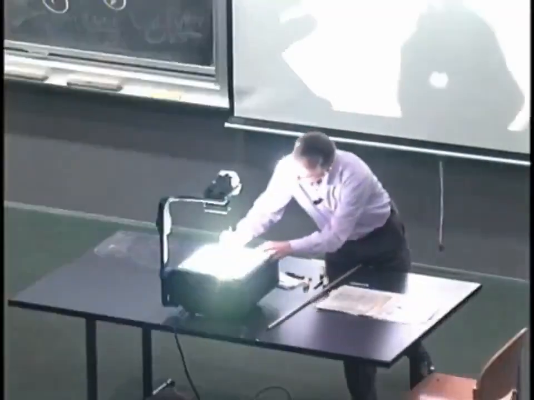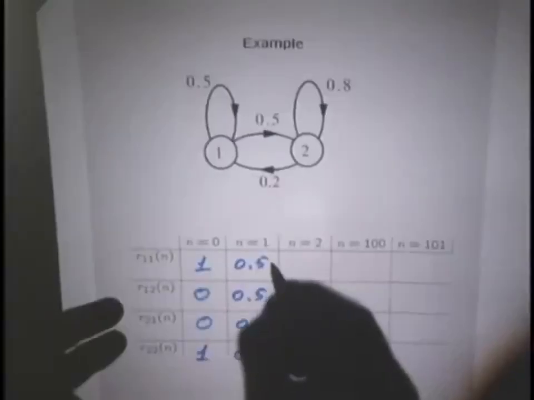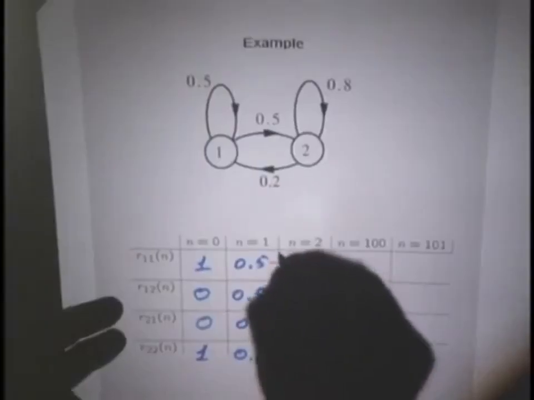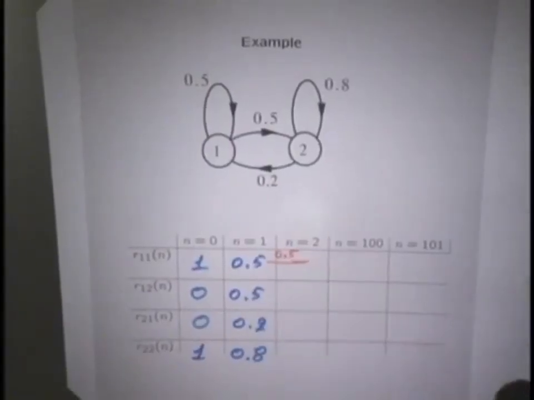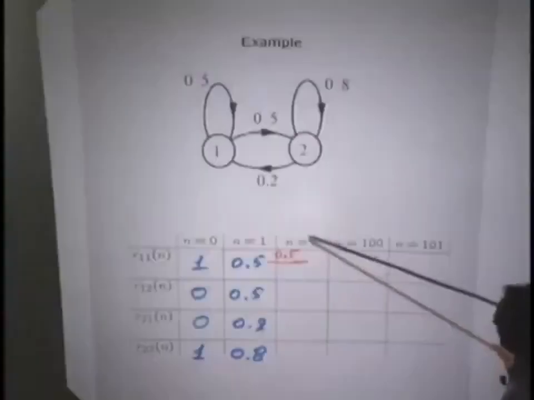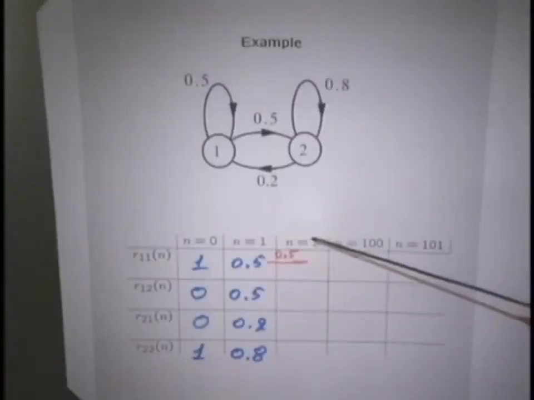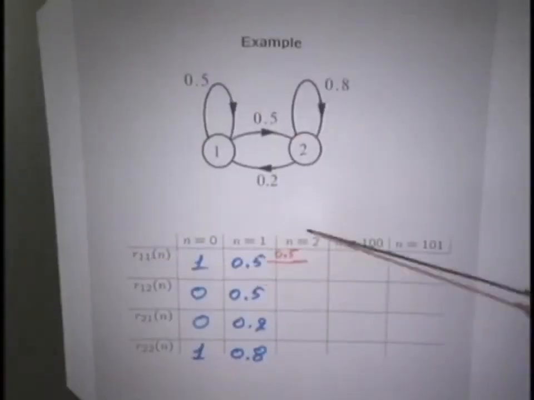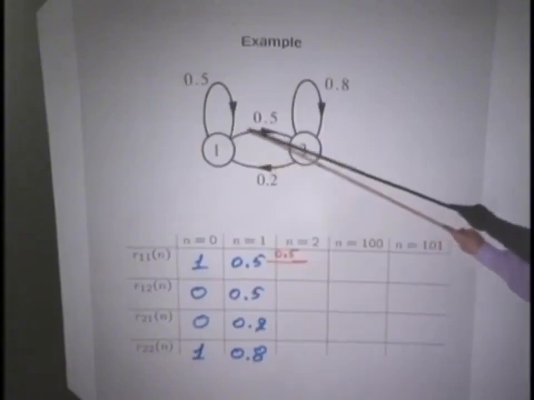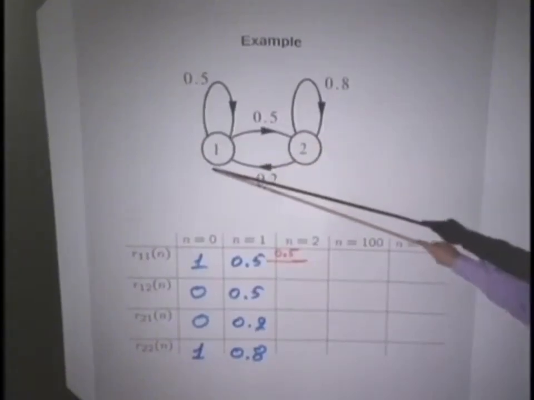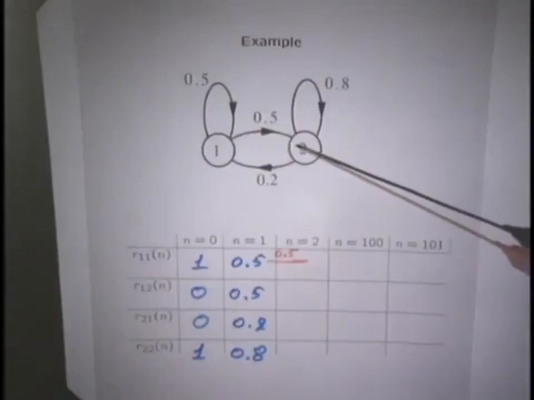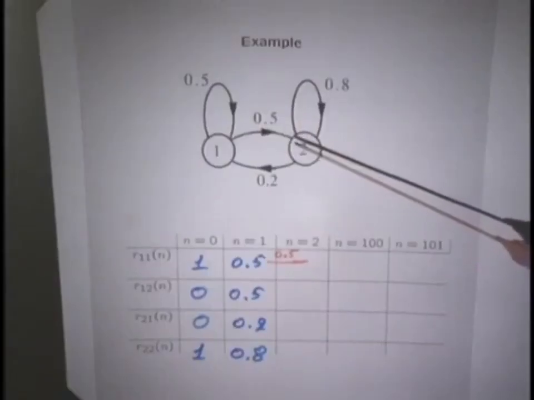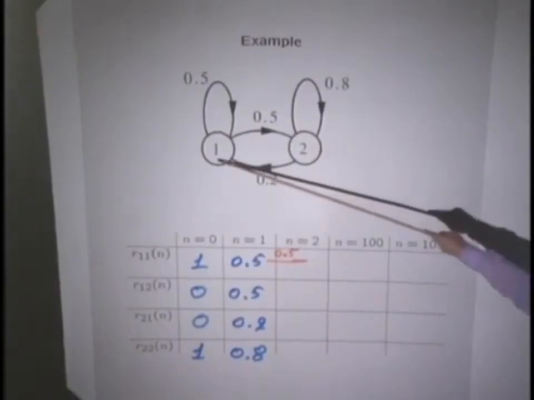So this corresponds to this 0.5 that the first transition took me there, and the next transition was also of the same kind. That's one possibility. But there's another scenario. In order to be at state 1 at time 2, this can also happen this way. So that's the event that after one transition I got there, and the next transition happened to be this one.